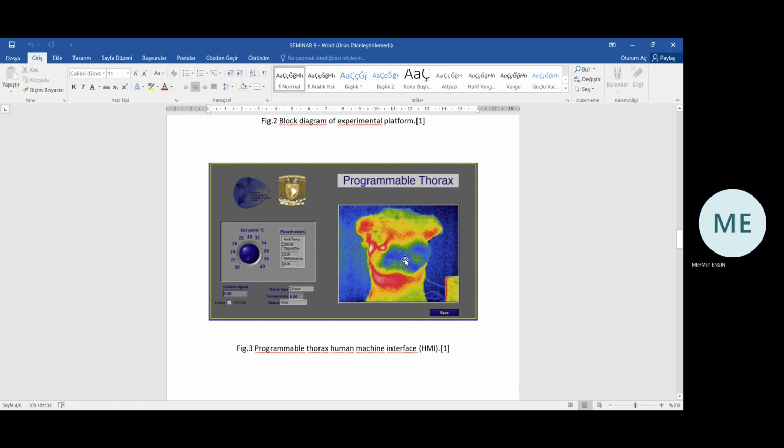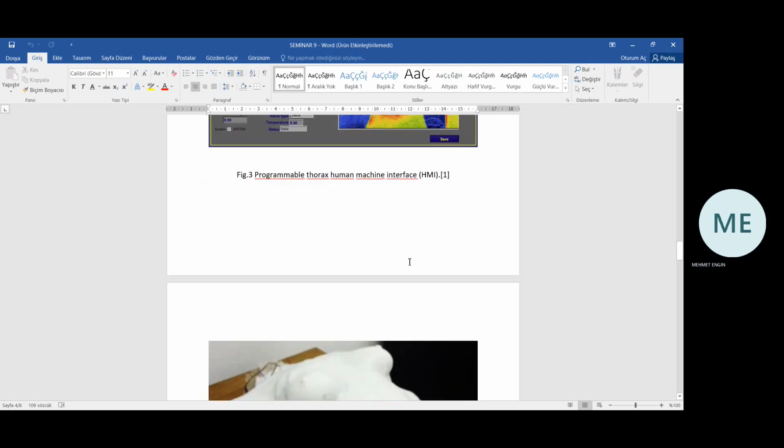Now, programmable thorax construction. The physical model was made from fiberglass structures using a sculpture of ectomorph complexion as a mold. The structure was then covered with a thin layer of silicon, approximately 2 mm of thickness, simulating the epidermis of the breast, as shown in figure 4.